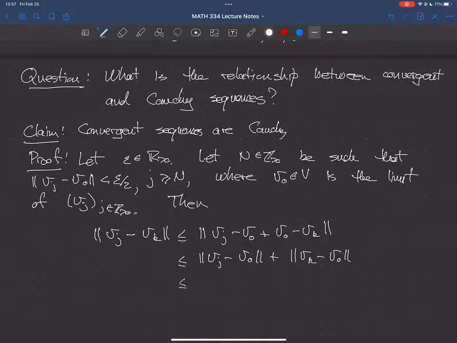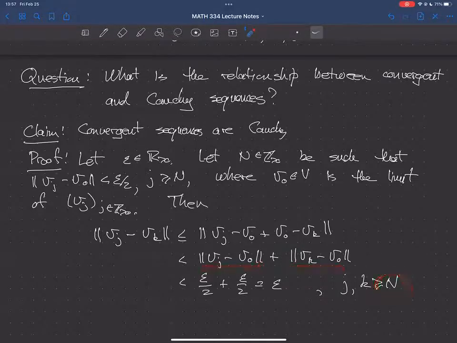And here I'm going to take j and k greater than or equal to n, in which case, by the way I've chosen n, I know that each of these is less than epsilon over 2.